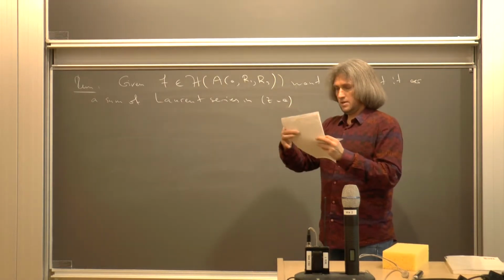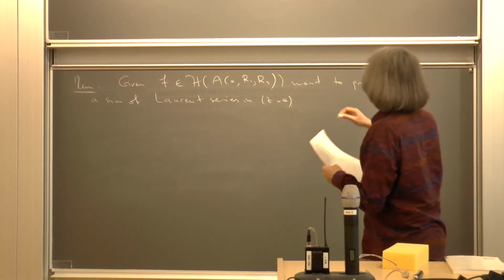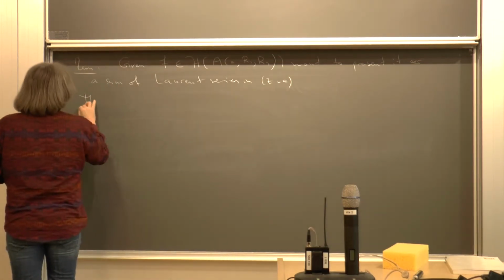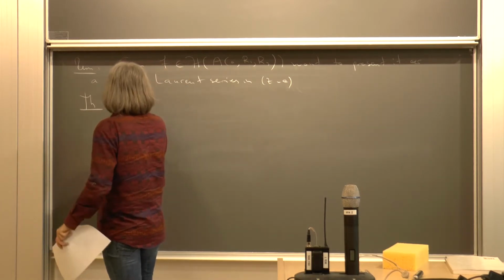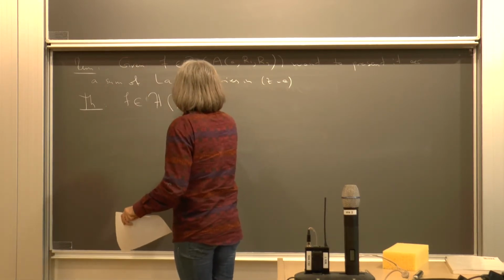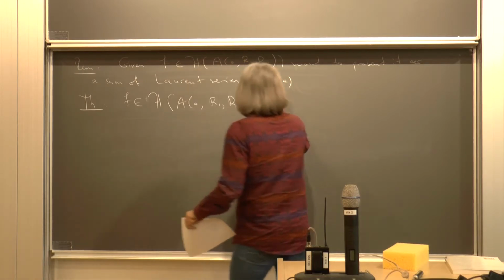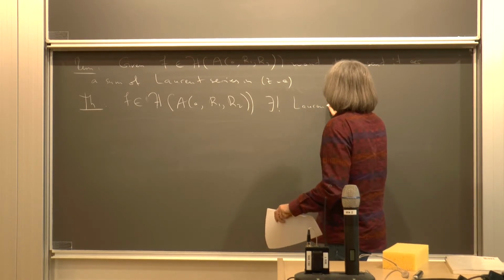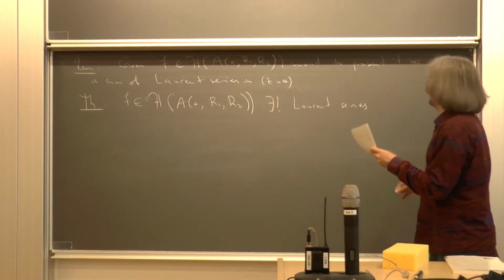Okay. So here is the main theorem. And then we will slowly prove it. So suppose we have some function as I said. So for every such function, there exists a unique Laurent series converging to f absolutely.